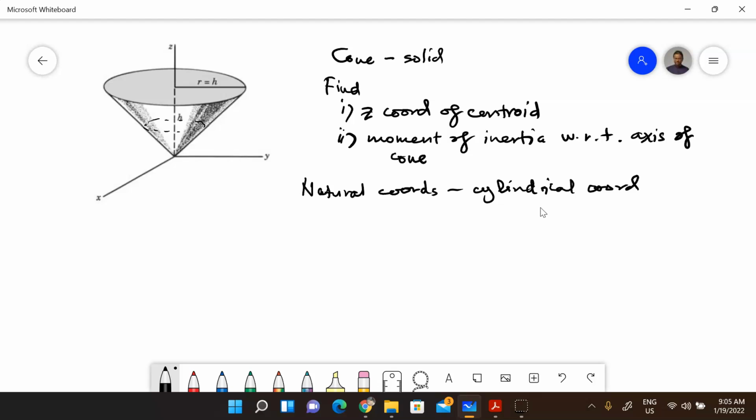That's where the end of the cone is supposed to be. So the radius over here, for example, will be your z coordinate.